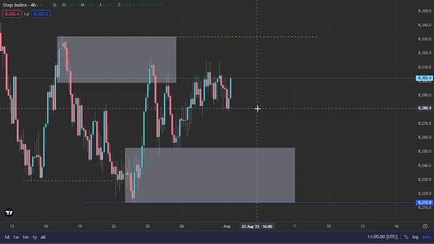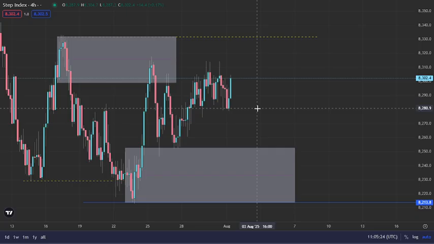It signifies the start or end of an internal pullback. What the book is trying to say is that fractal structures are the lowest and the weakest form of structure. When they get broken, they signify the start and end of an internal pullback.